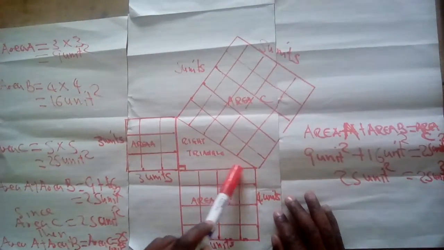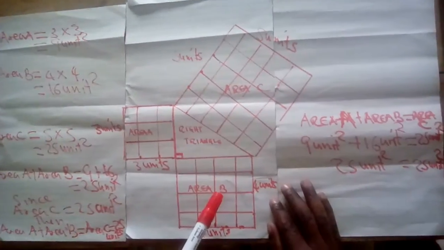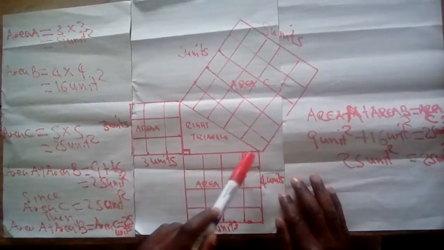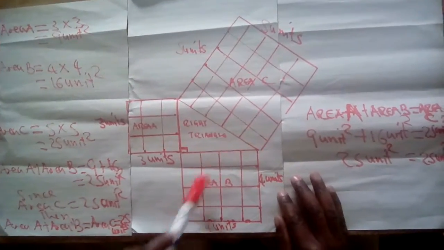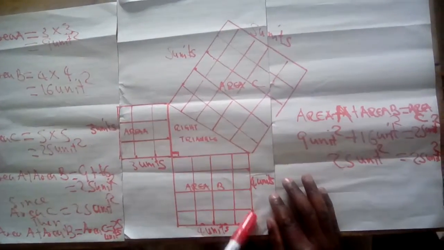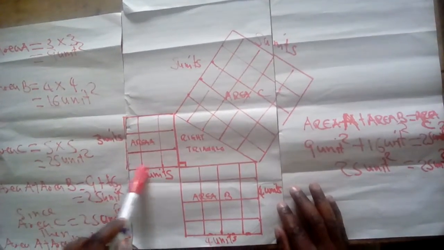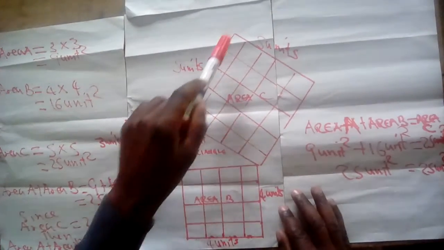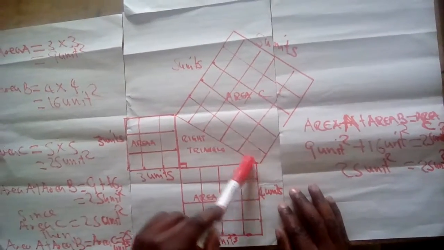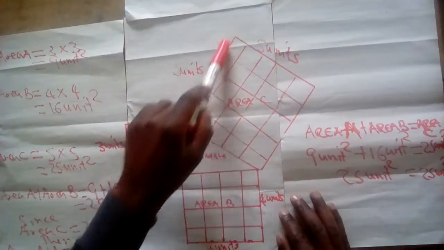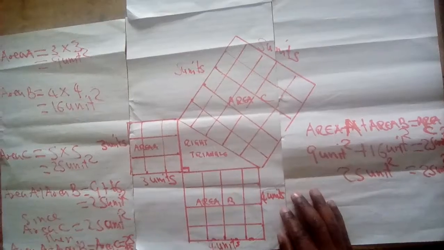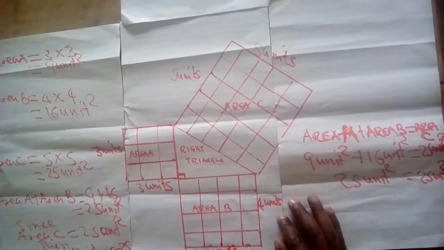So if this is 4 units, here will be 4 units, 4 units, 4 units. If here is 3 units, here will be 3 units, 3 units, 3 units. The same applies here: the length of this side is 5 units, and the other sides will be 5 units, 5 units, 5 units. So you have 3 squares there.